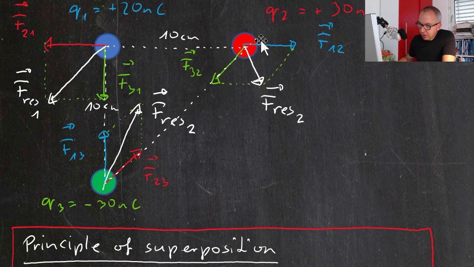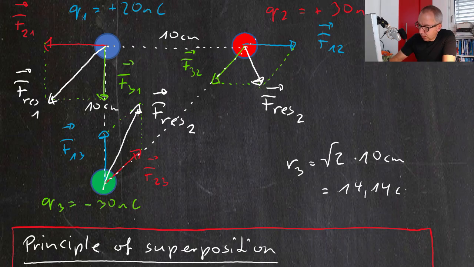So the charges are 30 and 30 nanocoulombs, and we have now a new r, a distance in between. How much is that? It is simply square root of 2 times longer.